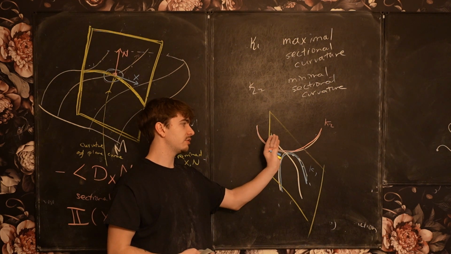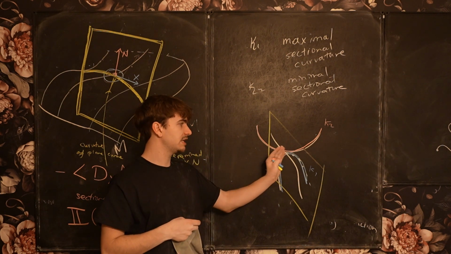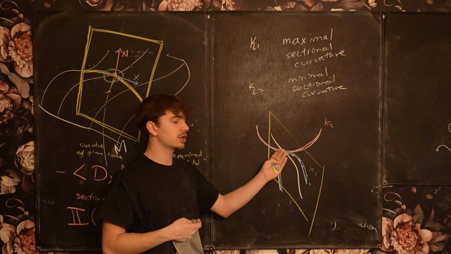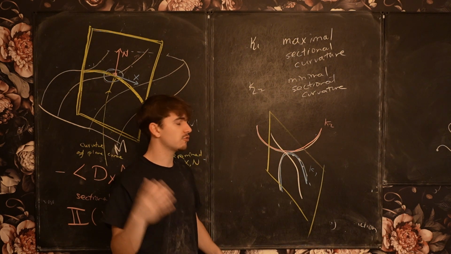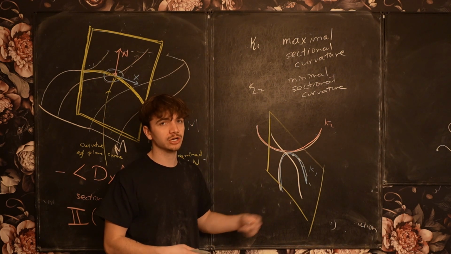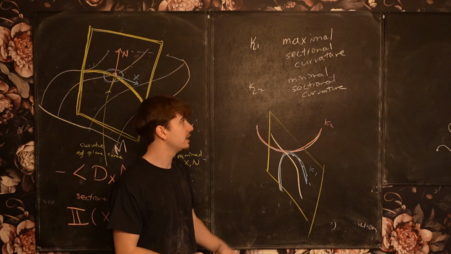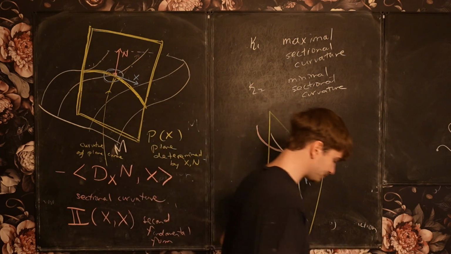So we look at all the planes passing through the normal vector, all the curves formed by slicing the surface along those planes, the curvature of those curves is the sectional curvature at that point, and we take the maximal sectional curvature and the minimal sectional curvature.